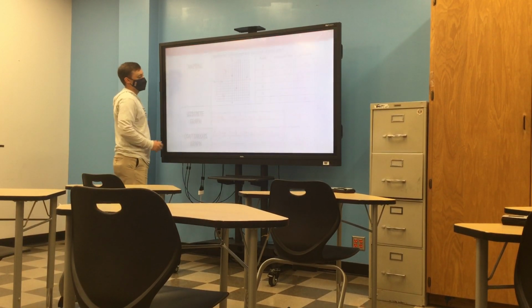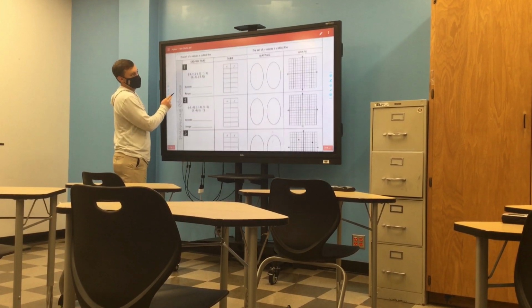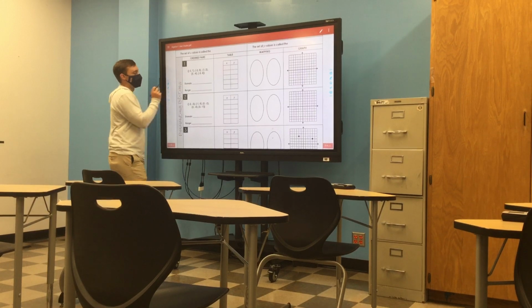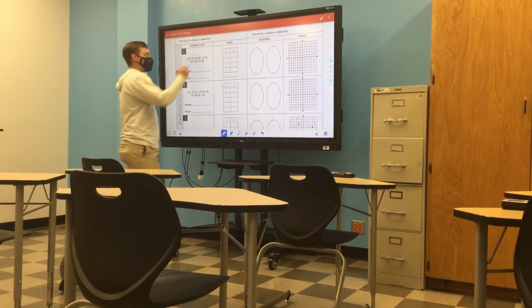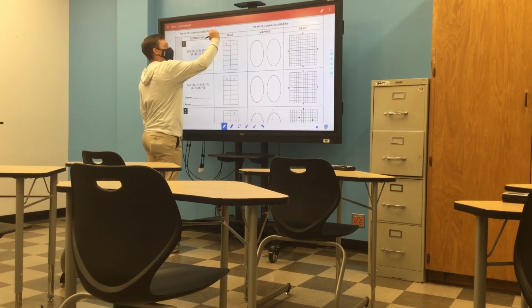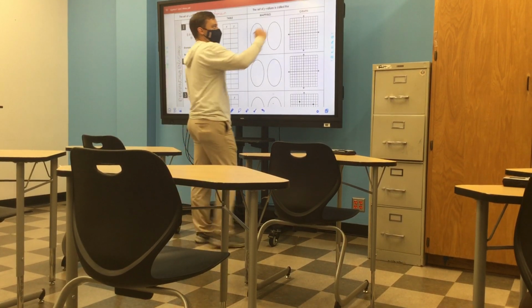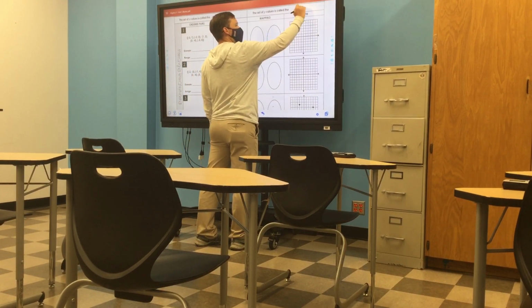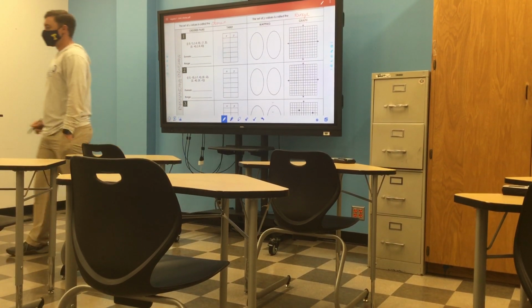Relations. Your set of x values is called your domain. Your set of y values is called your range. So when you see x's, you're thinking about domain.